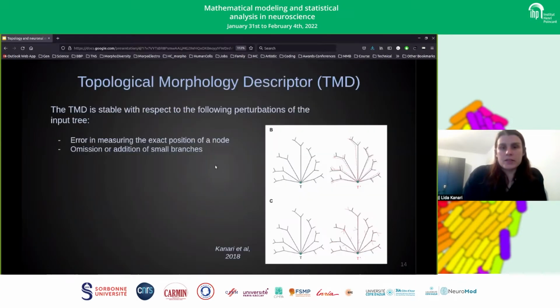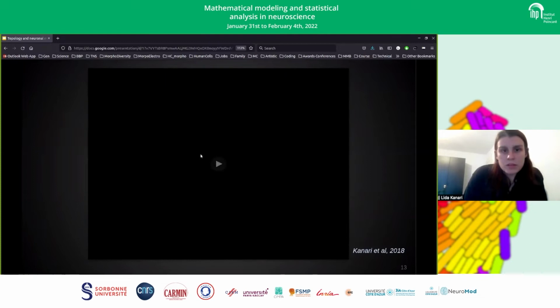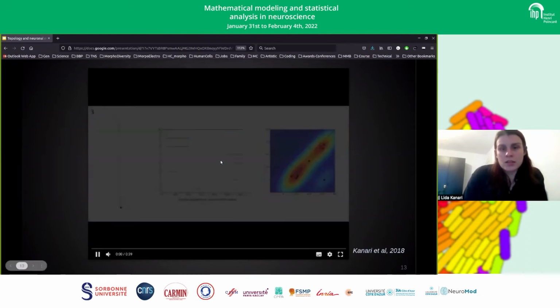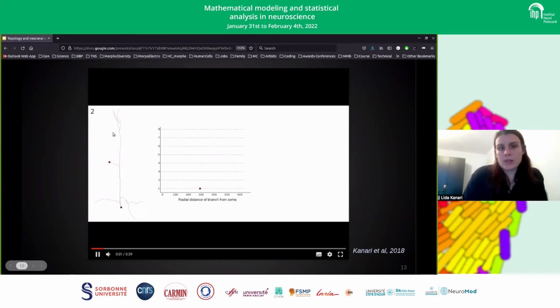And here is an actual neuronal morphology, and you see this process of following back each one of these tips and decomposing this neuronal tree into the barcode. And as you see, we follow each one of the smaller tips, and then we have the largest component, which generates the largest bar in the barcode.